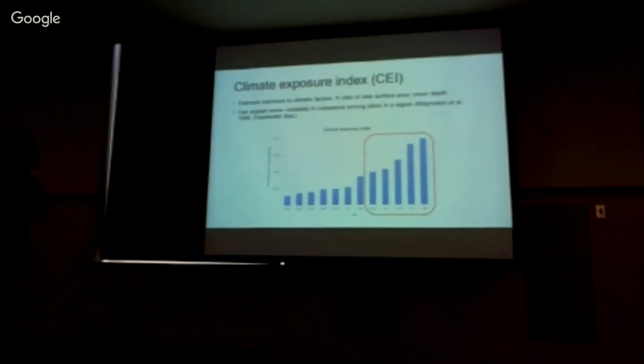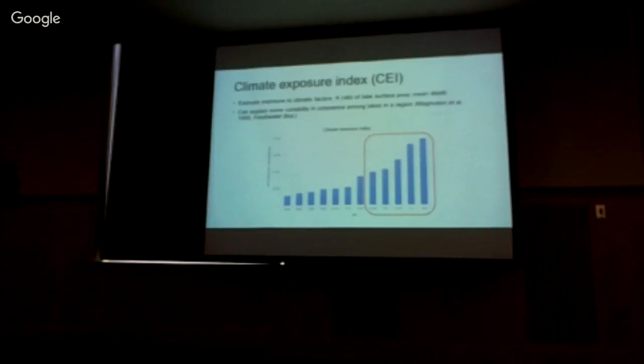So one reason for that high coherence in the Kellyville lakes might be that they have a really high climate exposure index, or CEI. And the CEI is a ratio of a lake's surface area to its mean depth. So you can think about how with a higher CEI comes a greater exposure to climate factors.